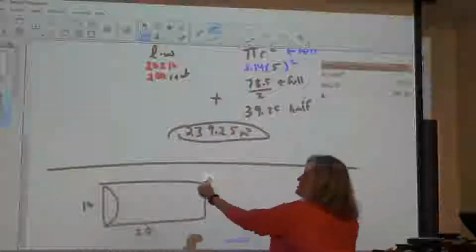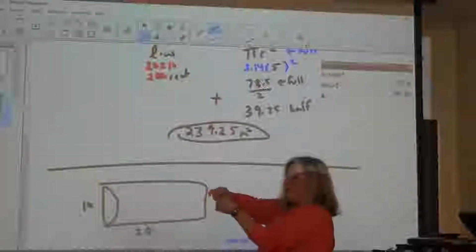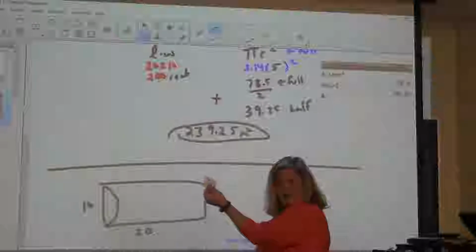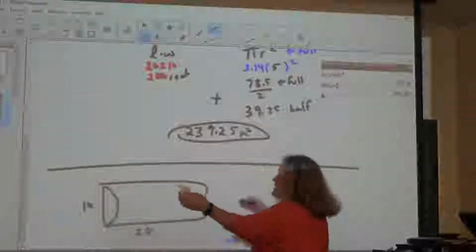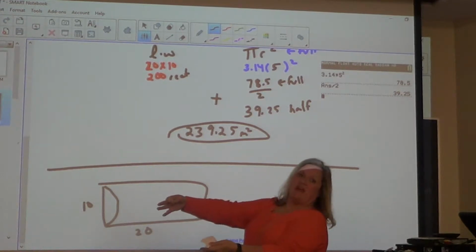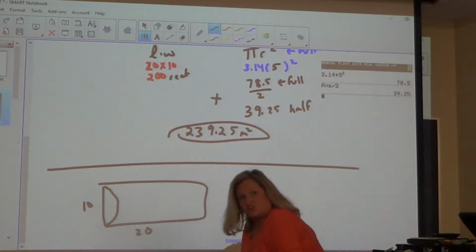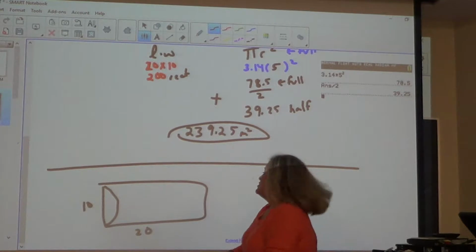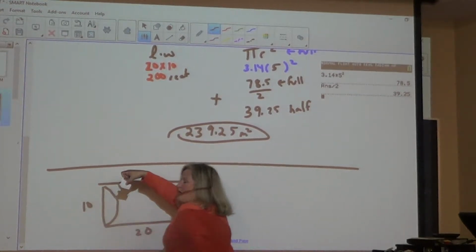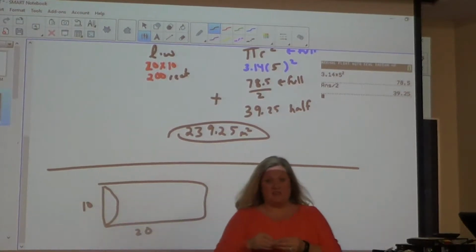This shape started out as a rectangle, but I subtracted half a circle. So when it goes in, it's like your belly. If you push your belly out, you're adding weight. If you suck your belly in, you're subtracting weight. So this one is sucking in. So we're subtracting that piece.